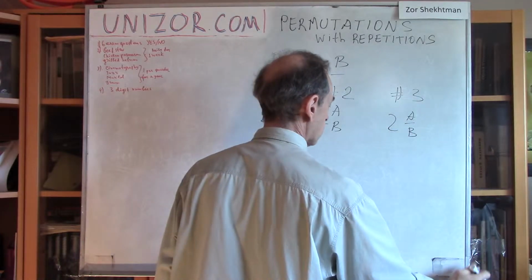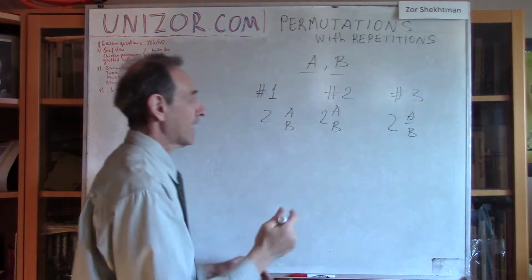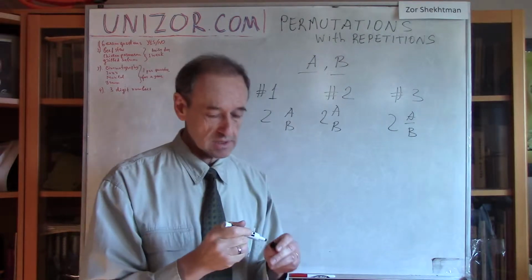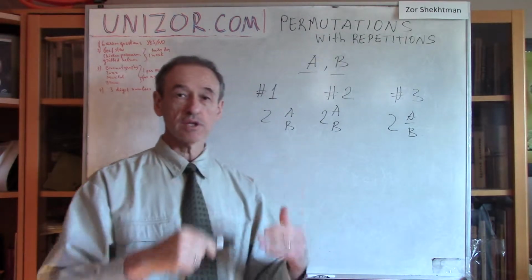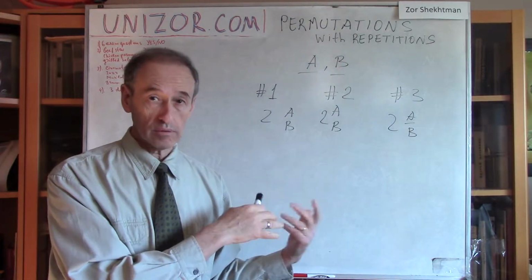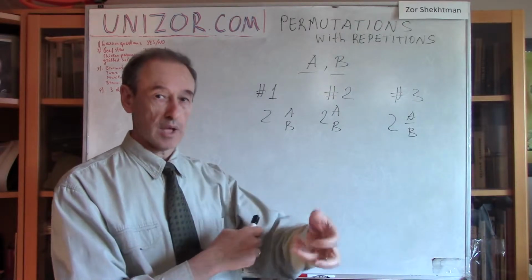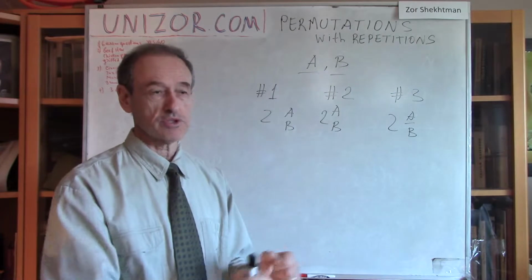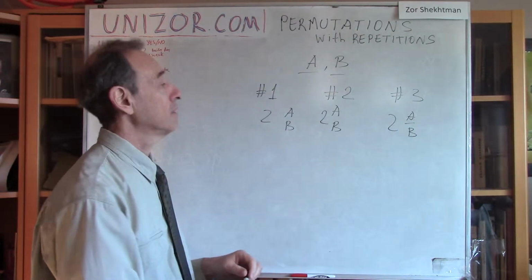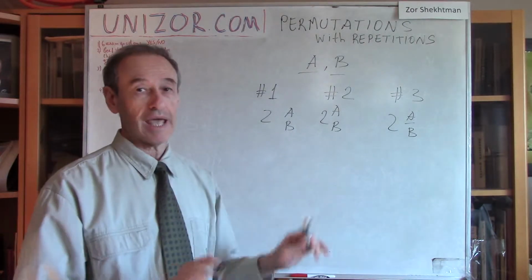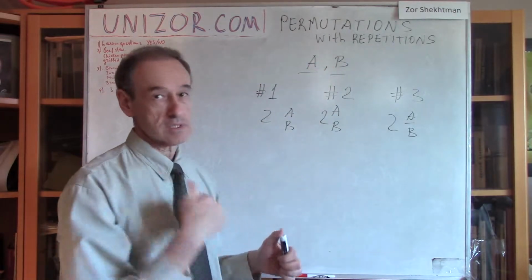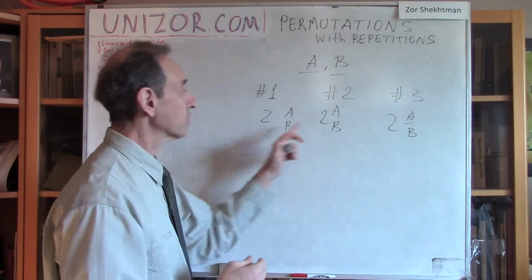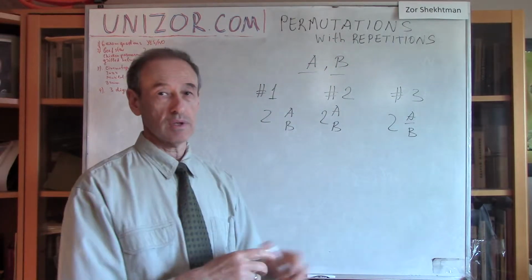So every time I have exactly the same number of choices. The number of choices is not diminishing as in the regular permutations case, when I'm extracting from the pile and putting it as number 1, number 2, etc., diminishing the pile. Here I'm not diminishing anything, I'm just using these A and B. So the number of choices remains exactly the same.